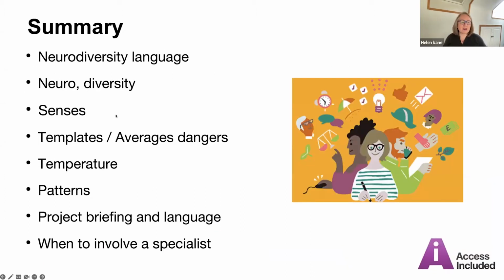So here's a summary of the things we want to cover today. We're going to talk about the language of neurodiversity. I know that's quite difficult for some people to manage and to know what to say. So we'll look at that, and then we'll look at breaking the word down into neuro and diversity. And the big word around that is the senses.